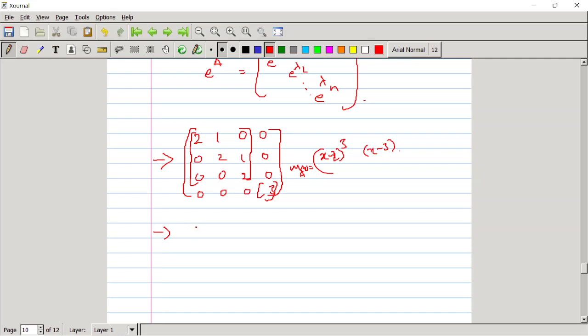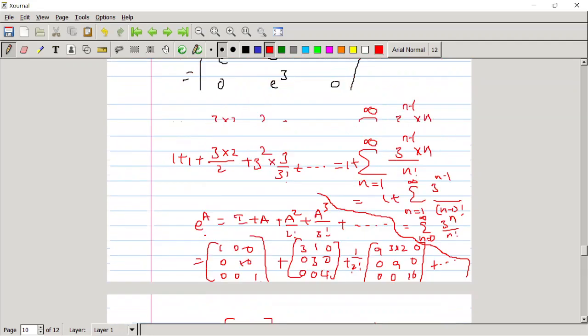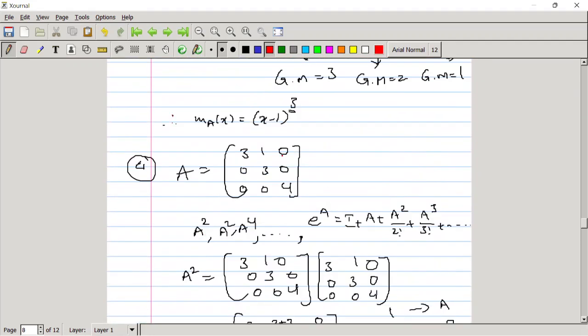Suppose you take that JCF form as again some other matrix, then you will get the same matrix as the JCF form for that corresponding matrix. Actually, this matrix is already in JCF form. If you find the JCF form for this matrix, again you will get the same matrix only.